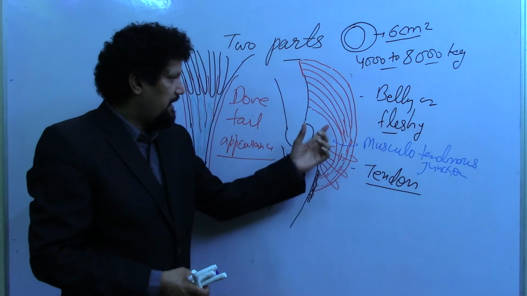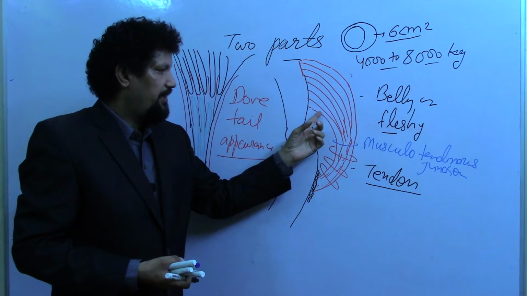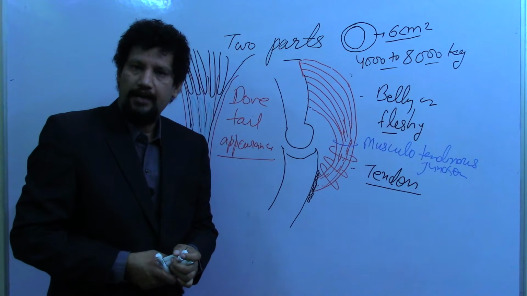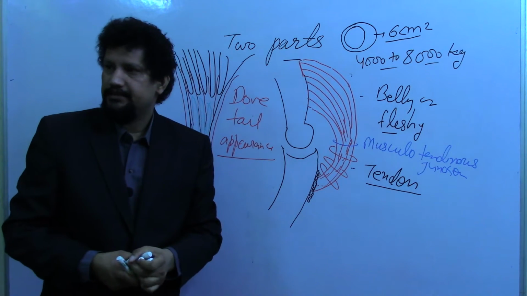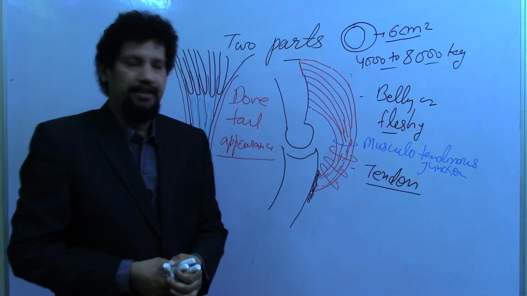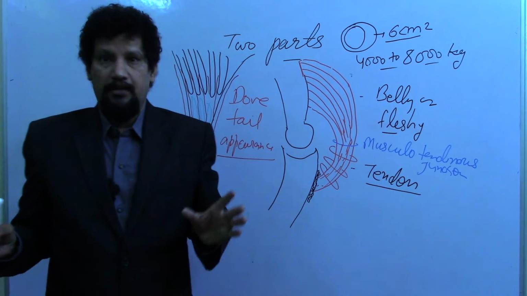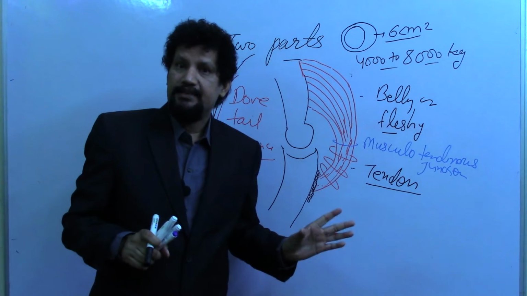So it is supplied by the arteries of the fleshy part of the muscle, and some part of tendon is supplied by the periosteal arteries of the bone where the tendon is attached. So tendon is having poor blood supply.